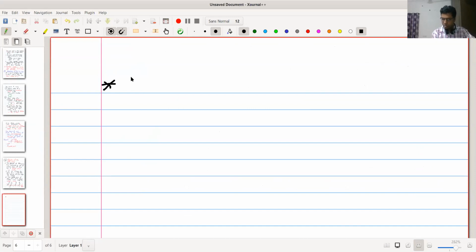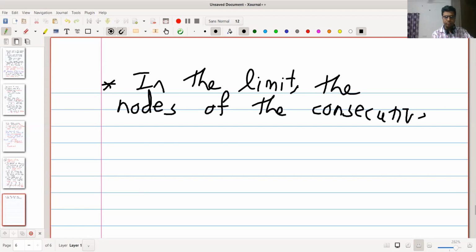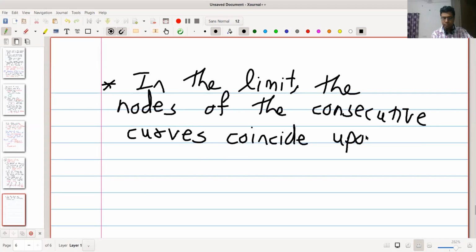In the limit, the nodes of consecutive curves coincide upon the nodal locus.